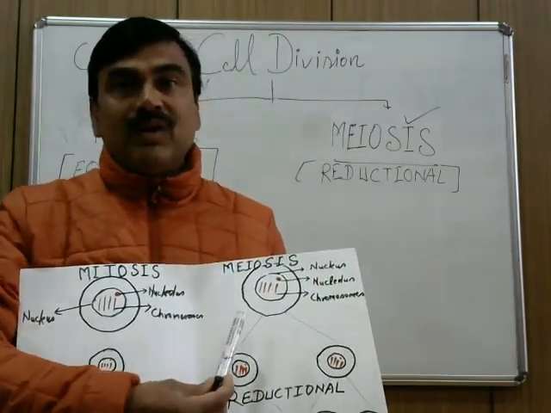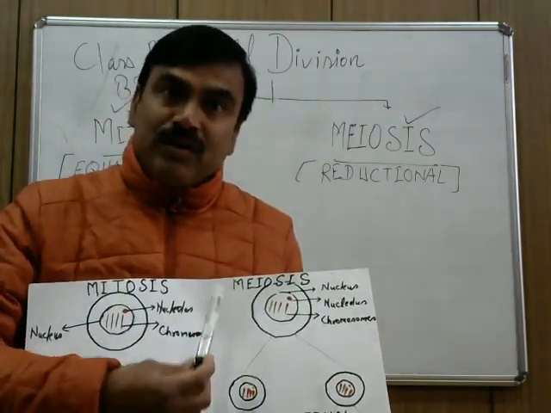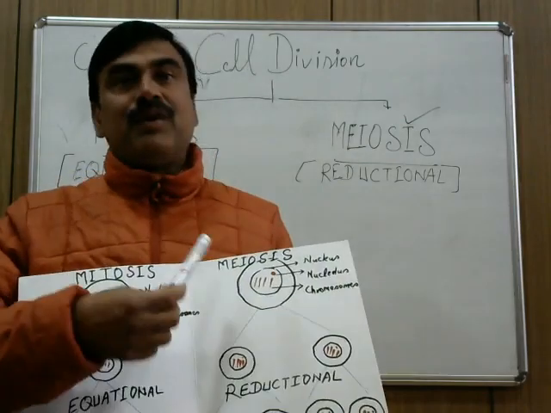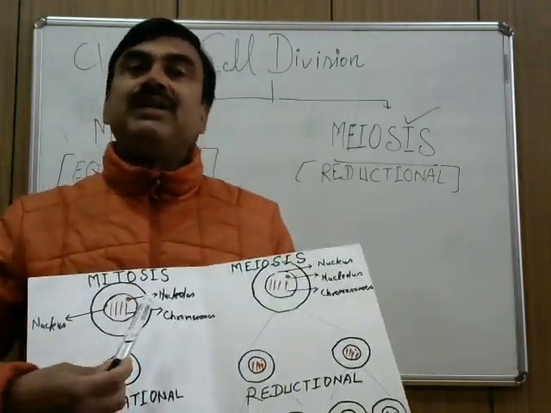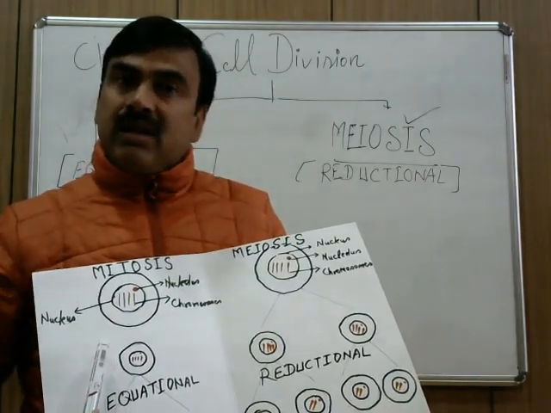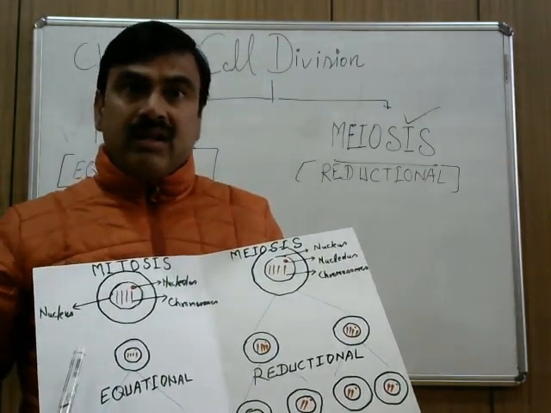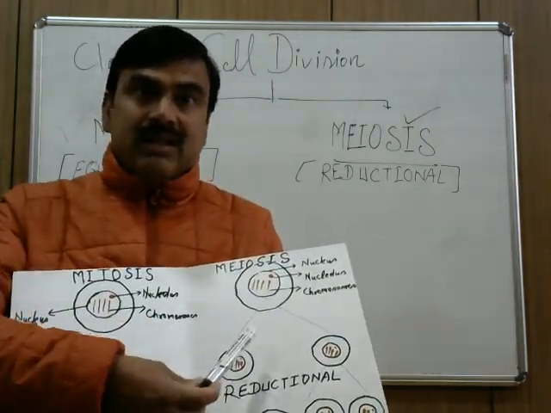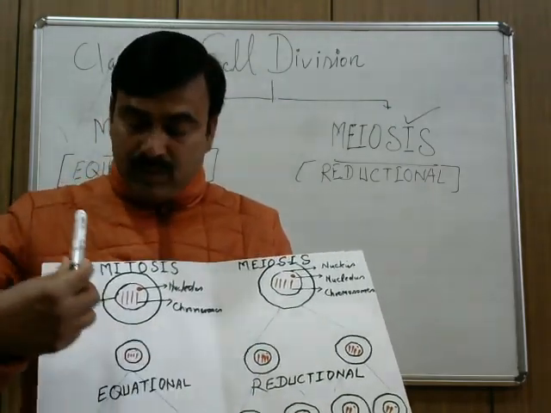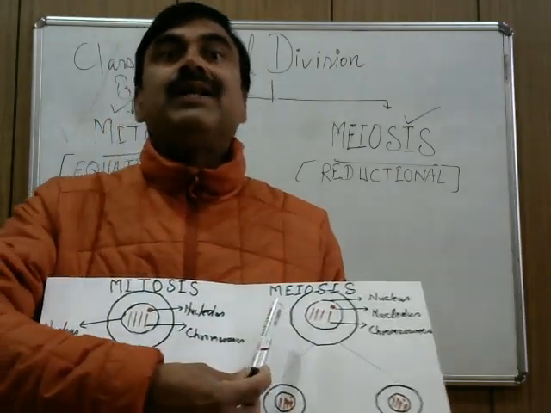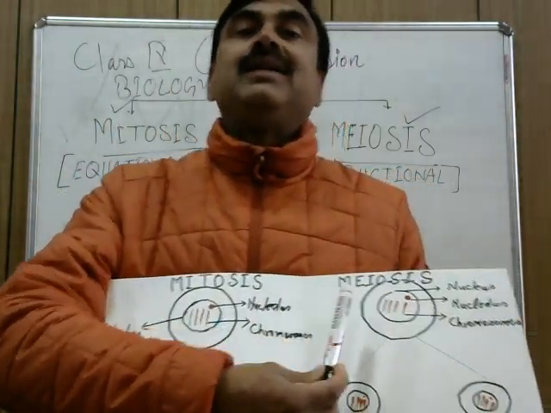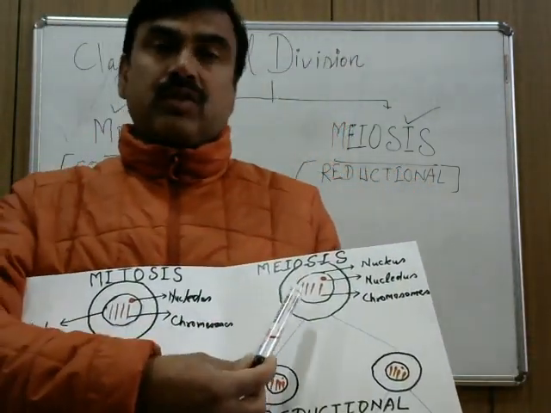When we are talking about cell division, it is very important to understand the significance of these 2 cell divisions. Mitotic is for repair. It does not take place in the sex cells, but it takes place in somatic cells. On the other hand, meiotic cell division takes place in the sex cells.